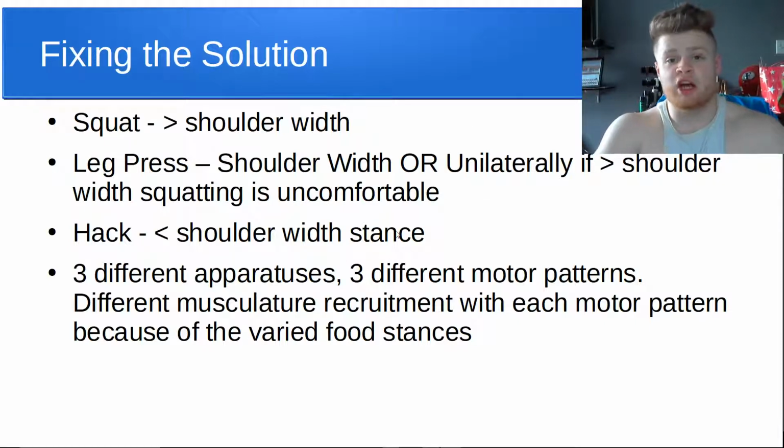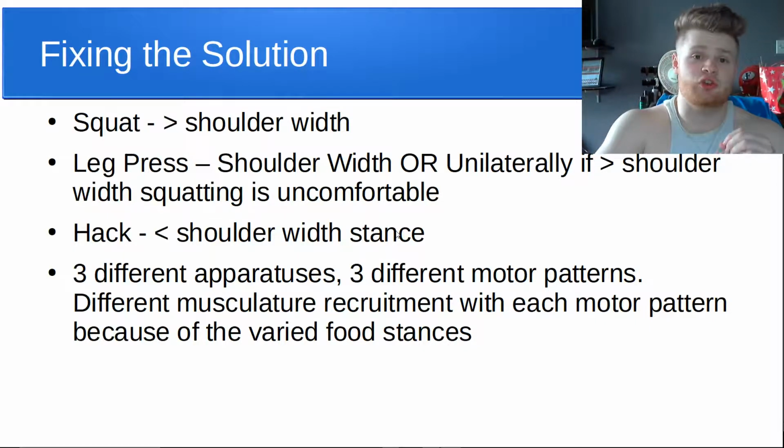So now what we've done is we've taken the problem, which is using 3 different apparatuses to repeat the same motor pattern 3 times, and we've changed it to use 3 different apparatuses with each one hitting a different motor pattern. A squat with a wider than shoulder width stance does not hit the same muscles as a shoulder width leg press, which also doesn't hit the same movements as a narrow stance hack squat.